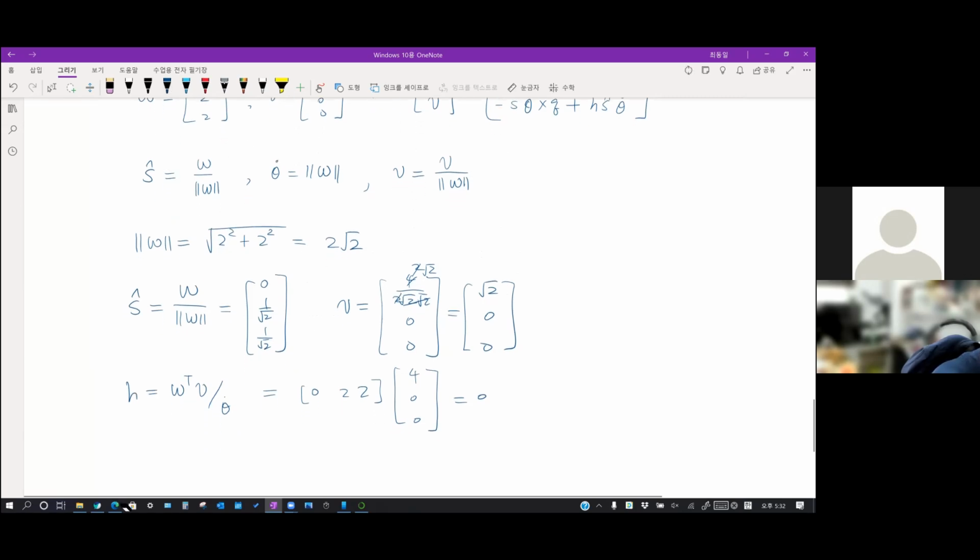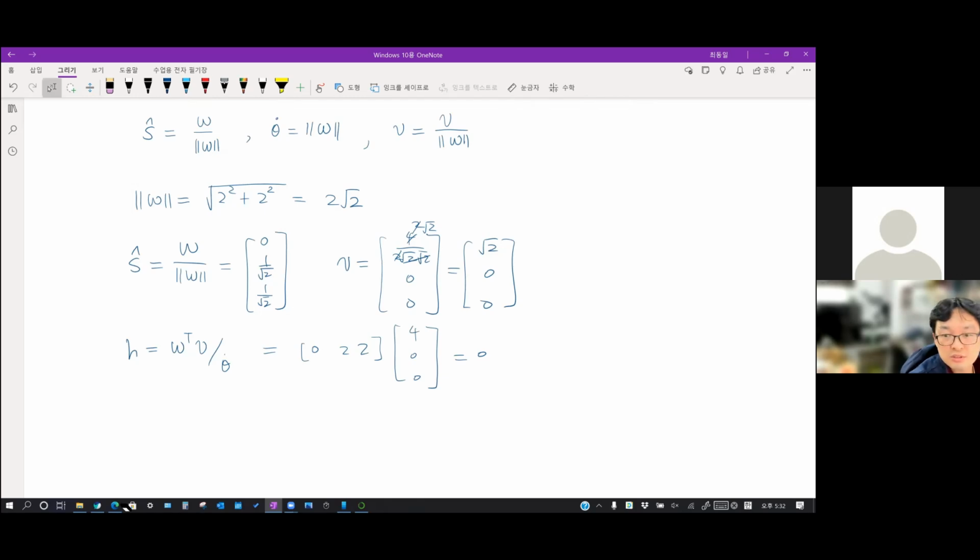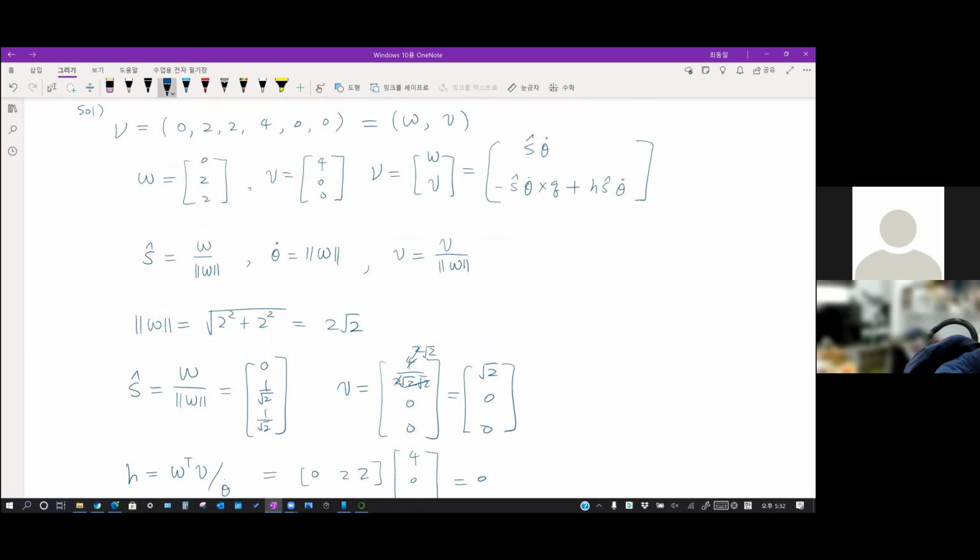So we have calculated almost everything except Q. In here, H is equal to 0.